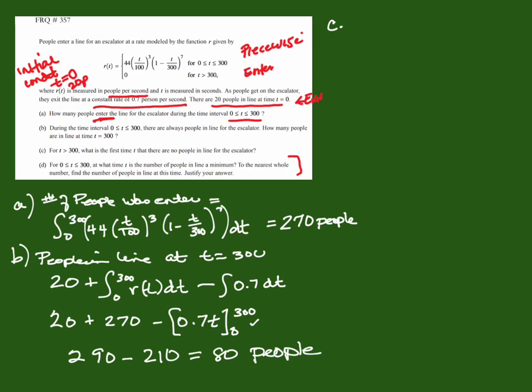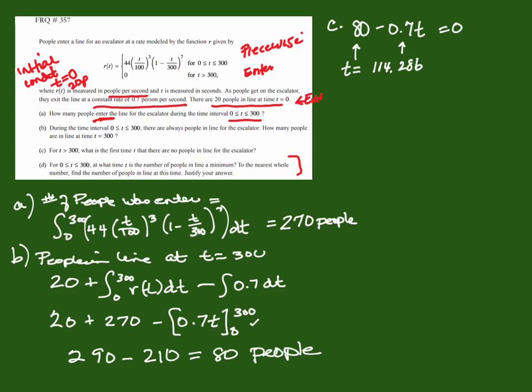We would say 80 minus 0.7t, because that's how many people are there at t equals 300, and then people leaving, and set that equal to 0. And so you get t equals 114.286.